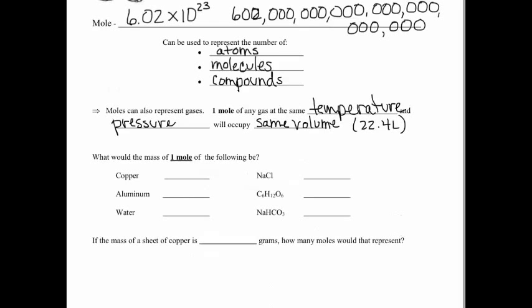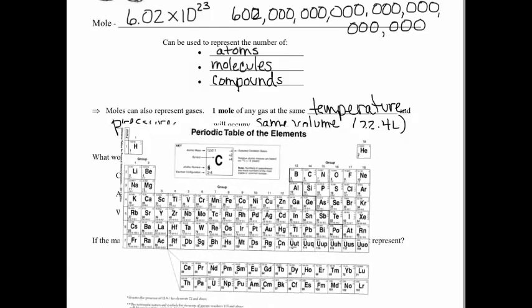What would the mass of 1 mole of the following be? Well, we defined the mole because at 1 mole, at that number of molecules, atoms, or compounds, you're going to have the mass that is the GFM. So really all you're going to do is figure out the GFM for each of these. So copper, we're going to look that up in the periodic table. So here's our periodic table.